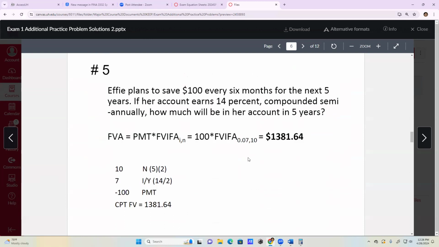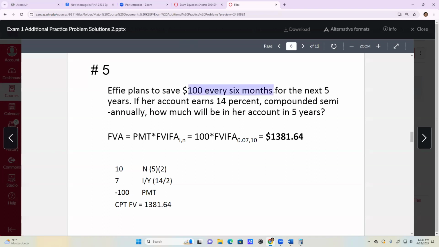Okay, cool. All right, so exam one, usually everything is about inputting into the white button, right? All right here, let's see. Save 100 every 6 months. All right, you guys see that? There's a trick, right? 6 months, then probably this is semi-annually.